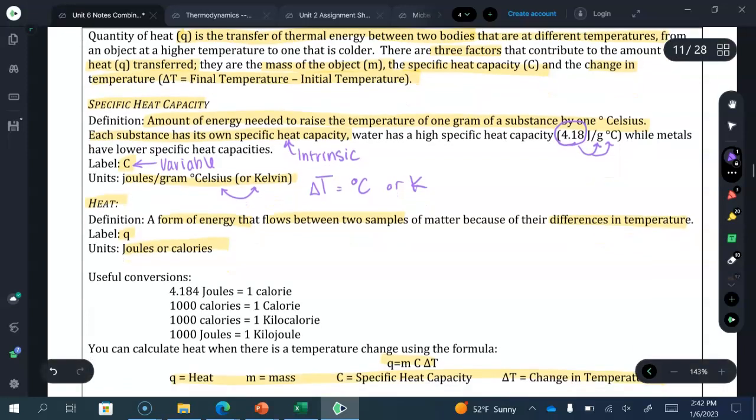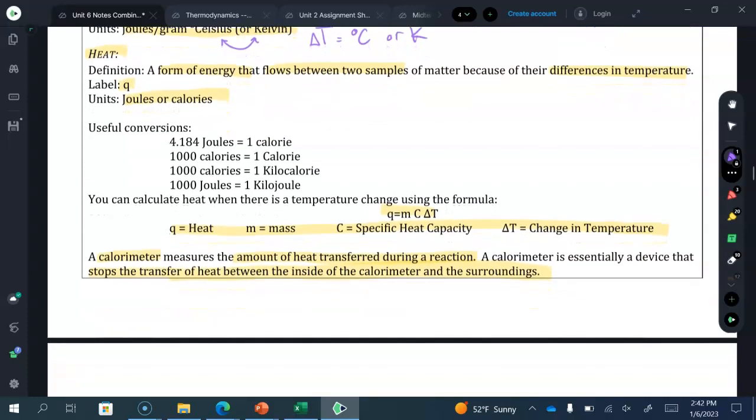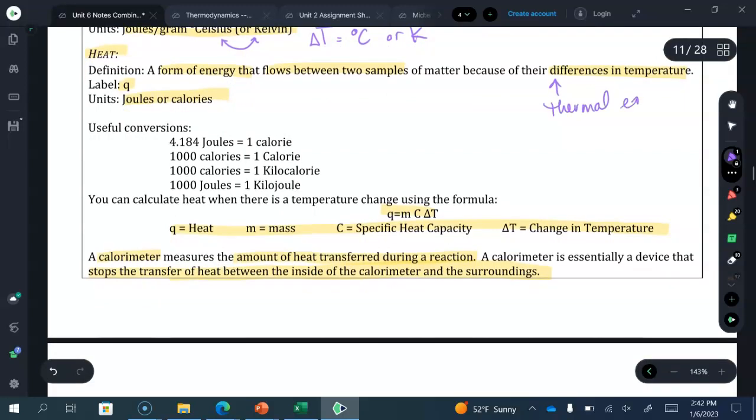Heat is a form of energy that flows between two samples, and this is because of their differences in temperature. This is tied to our thermal equilibrium constant that we've been talking about. It is given the variable or label Q and is measured in units of joules, sometimes kilojoules, or calories.